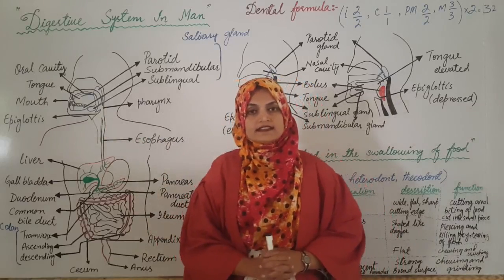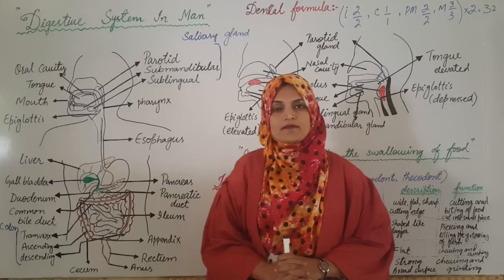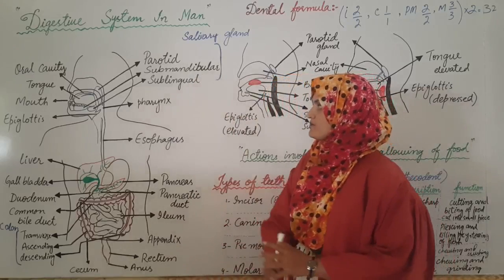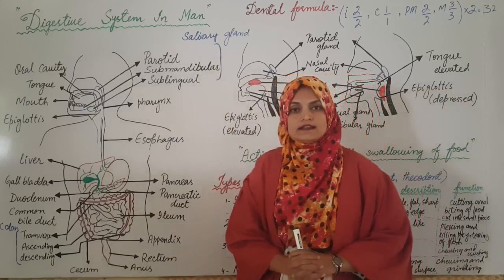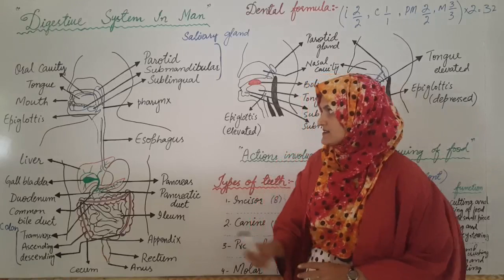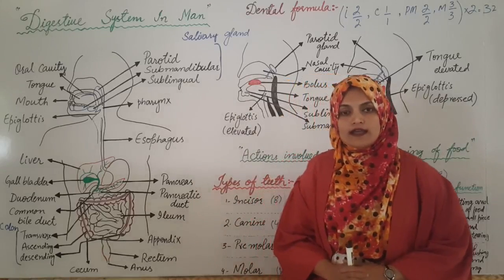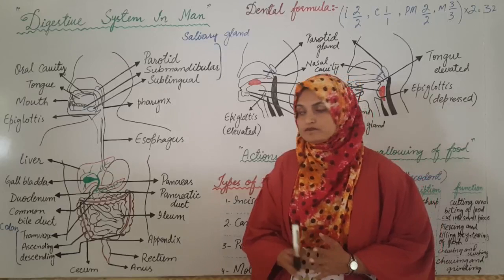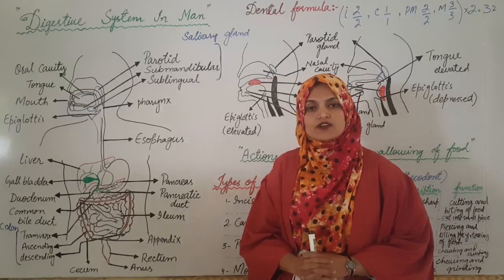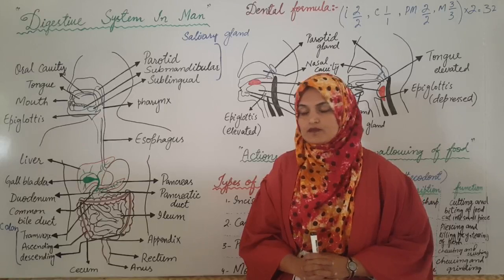The gland at the base of the pinna is termed the parotid gland. The gland present at the base of the tongue is termed the sublingual gland, while the gland present at the base of the jaws is termed the submandibular gland.